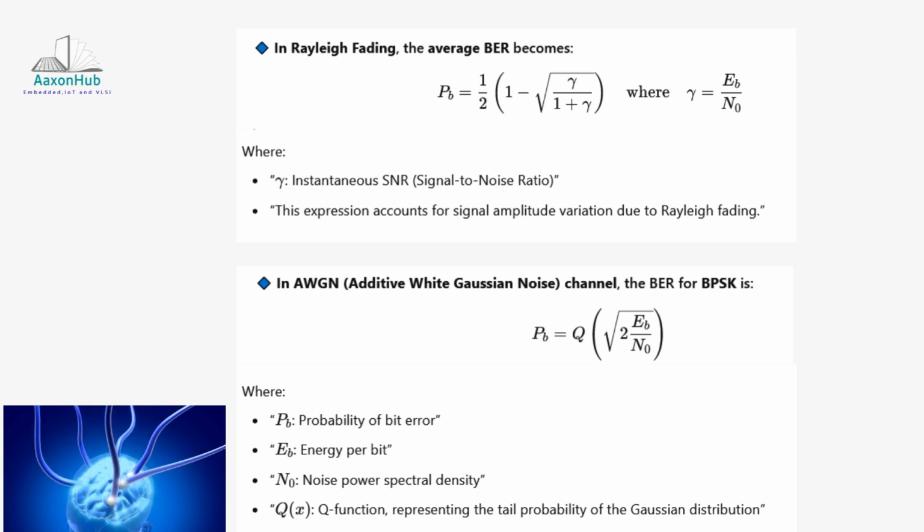So Rayleigh fading causes a significant performance drop in BER, even at the same SNR, as compared to AWGN.